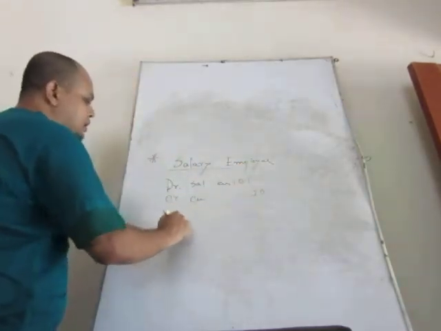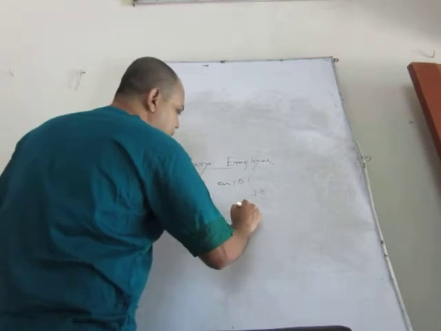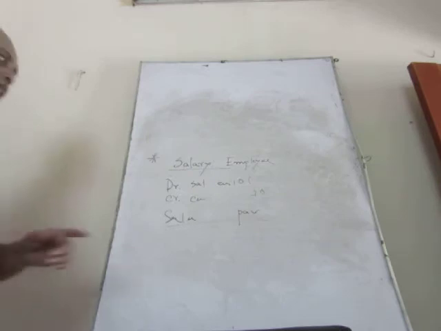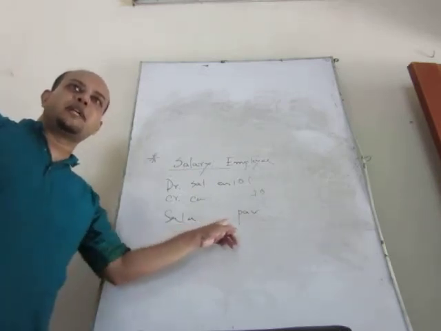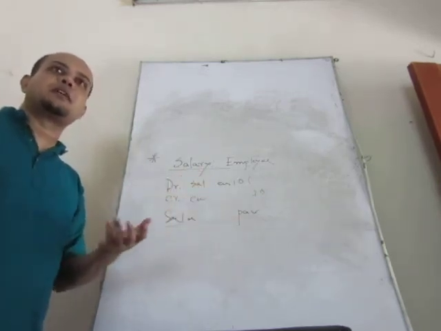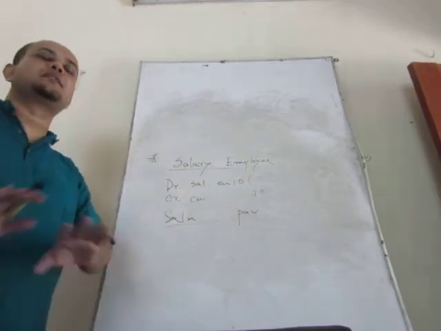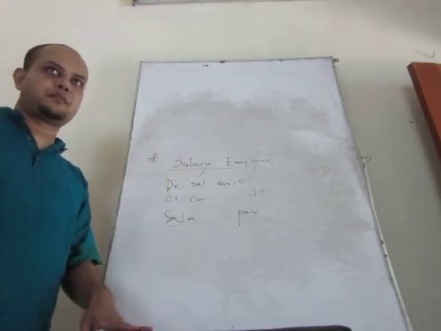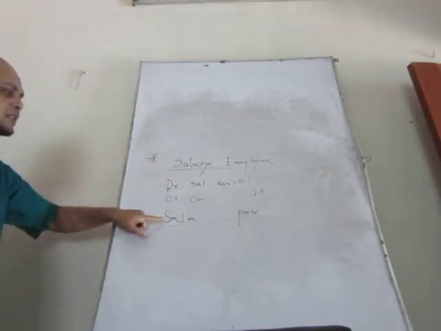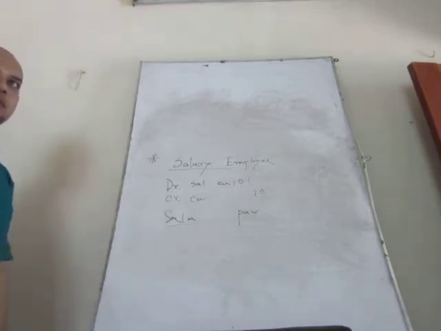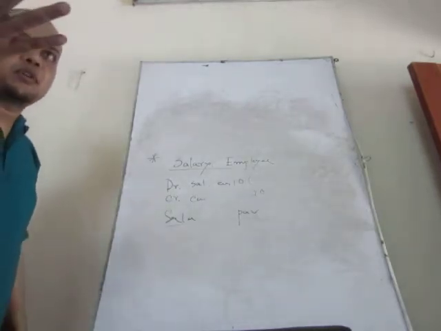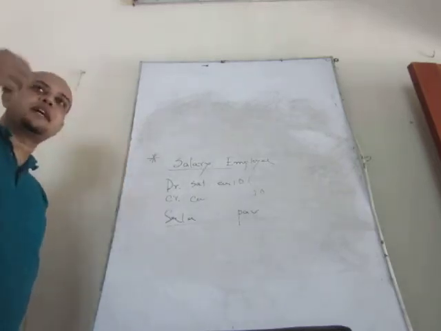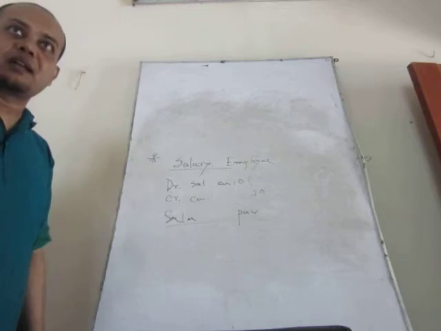But when the salary is provided to a partner, or salary drawn by a partner, this is not a kind of expense for the business. This is simply a way of dividing profit between the partners. That's why we cannot represent this salary as a kind of expense. This is simply division of profit. And we have already discussed that we divide the profit or appropriate the profit from the current account.